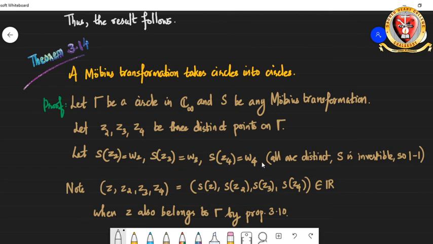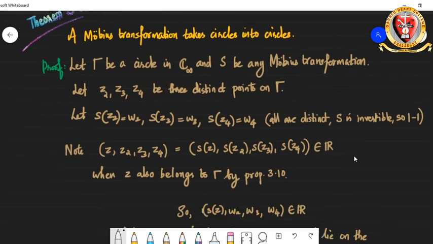We are assuming these mappings. They definitely have images because it is a map, and all will be distinct. That is a notable fact here, because S being an invertible function is one-to-one, so all of the images will also be distinct like the pre-images.